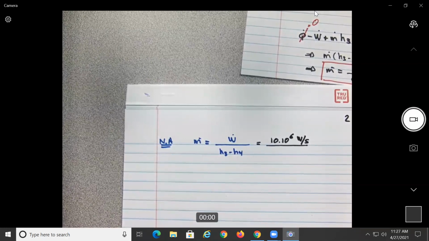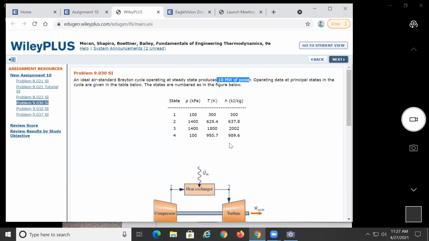So I think the H values were given. So let's see what we have. H3 is 2002 minus 989.6.